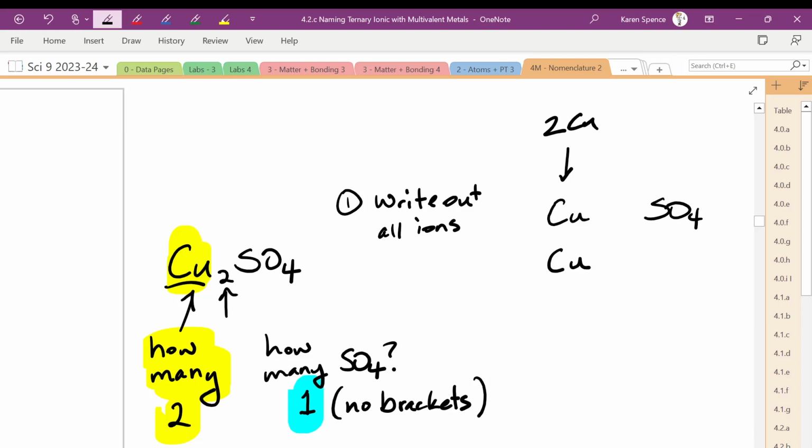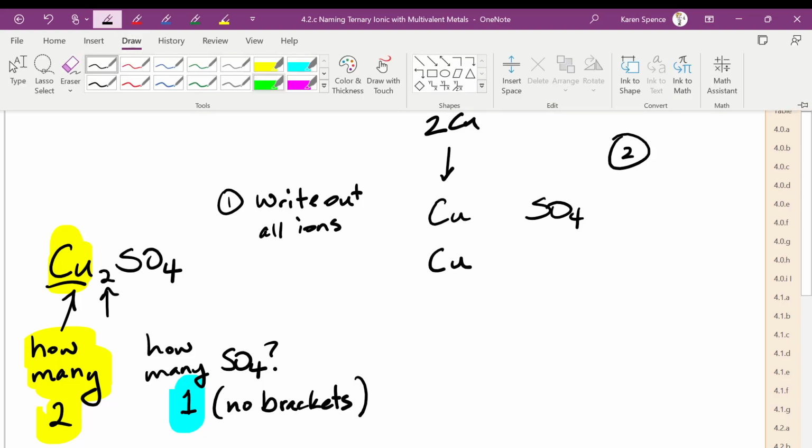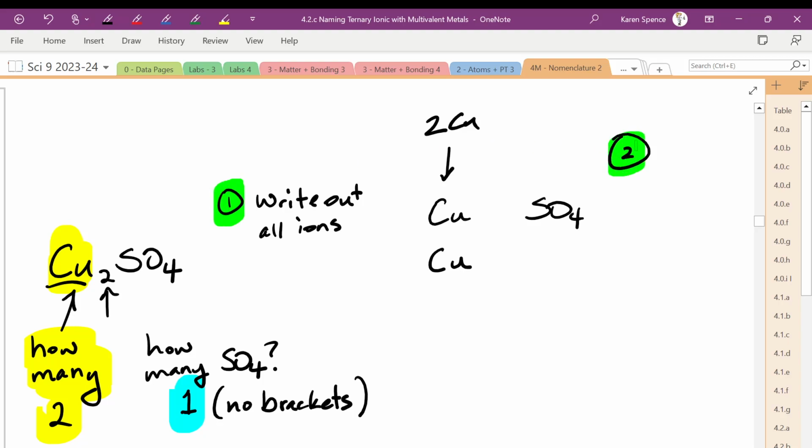Now, what's the second thing we do after we have written out all the ions? Find the charge, yes. So step 2 is find the charge. Step 1, write out all the ions. Step 2, find the charge.